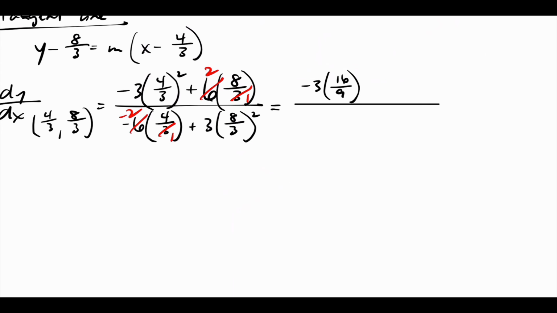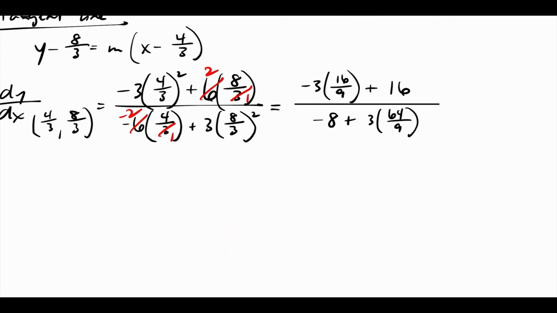You square the top, square the bottom. Plus 2 times 8, which is 16. The bottom is negative 2 times 4, which is negative 8, plus 3 times 64/9. If you square a fraction, you just square the top and the bottom. Still a fraction.